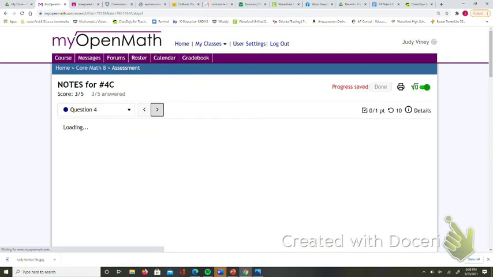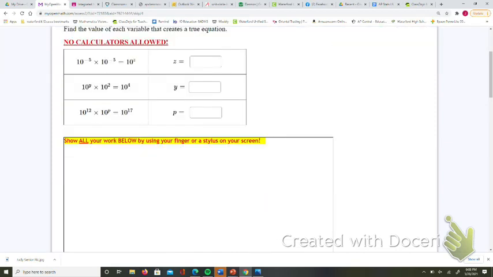Number 4. Okay, number 4 is the product rule. So 10 to the negative 5 times 10 to the negative 5 equals 10 to the negative 5 plus negative 5 equals 10 to the z.